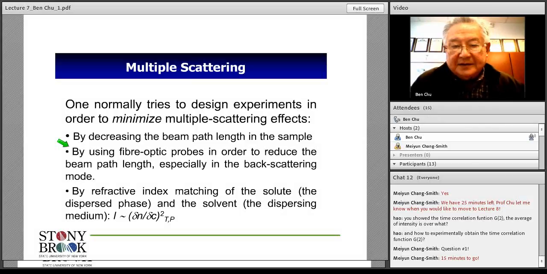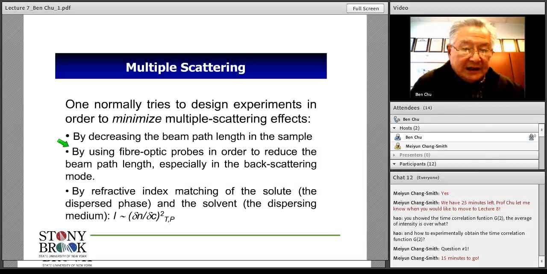A few of the light scattering companies sell some of those. A little while ago, I think Dieter Horn at BASF in Ludwigshafen spent a lot of time on fiber optic probes to reduce this for colloidal systems.